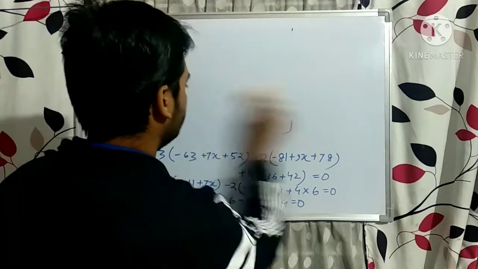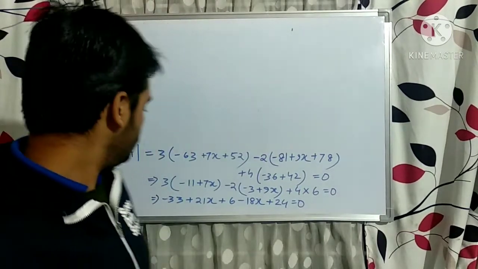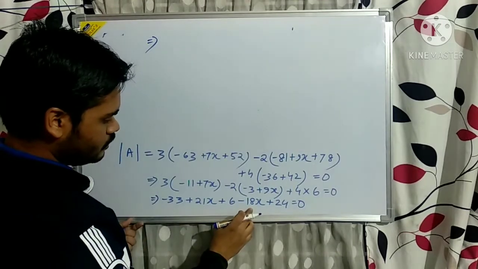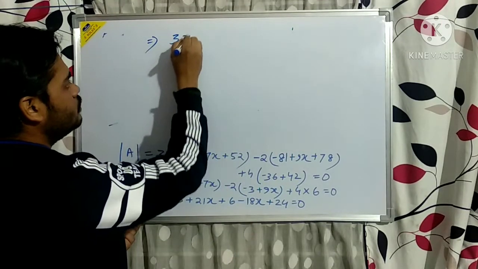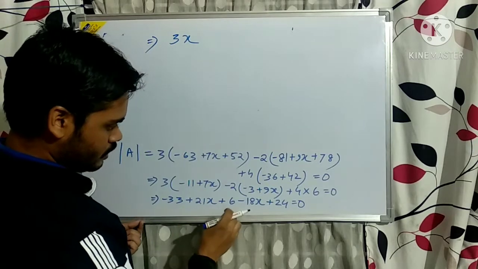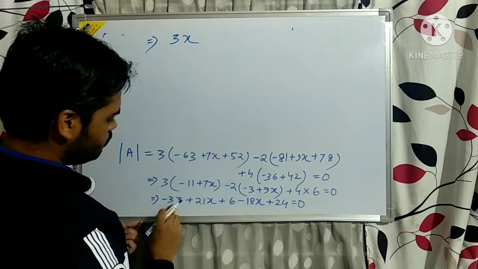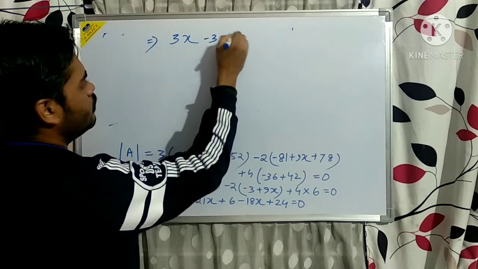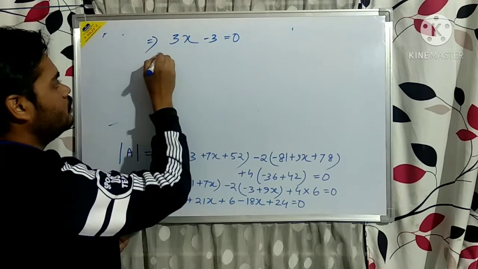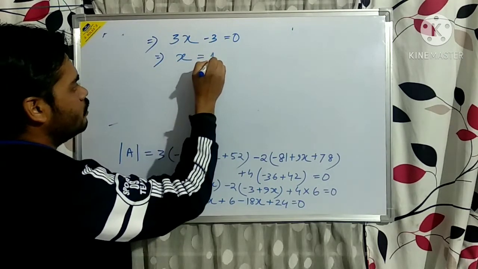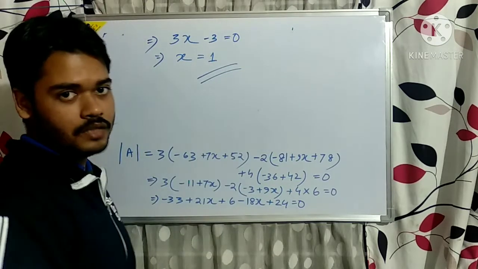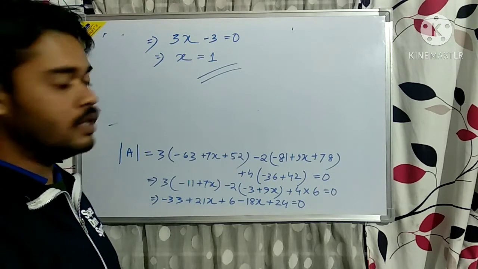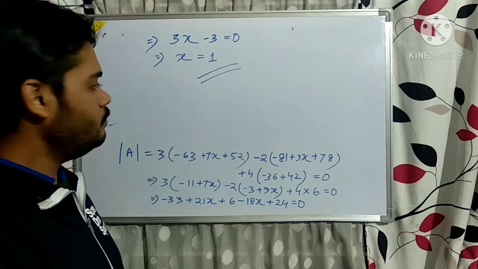Continuing from the top, 21x minus 18x is 3x, and 6 plus 24 is 30. Minus 33 plus 30 is minus 3, so 3x minus 3 equals 0. If you solve it, you will get x equal to 1. This is the answer for the given question. I hope you understood the complete solution of the two problems. Okay, thank you.